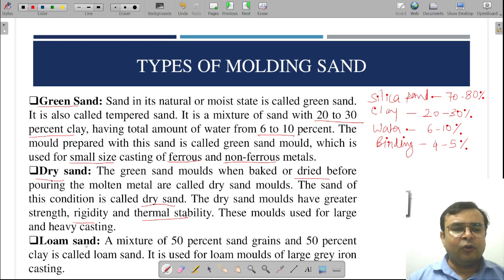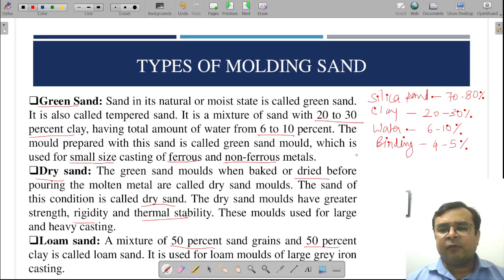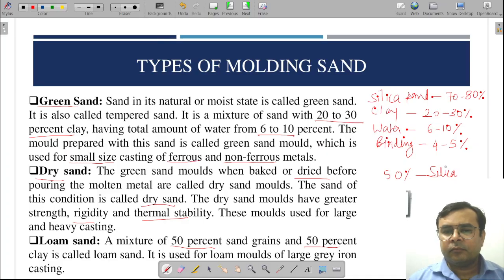And next, loam sand. Ideally, a sand which contains around 50% sand and 50% clay is called loam sand. But in actual practice, around 50% we use silica sand. Similarly, around 30 to 35%, approximately 30%, we use clay. And clay actually acts as a binding agent. Is it right?